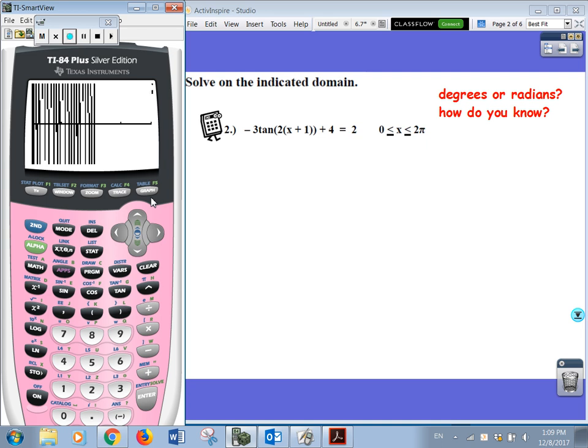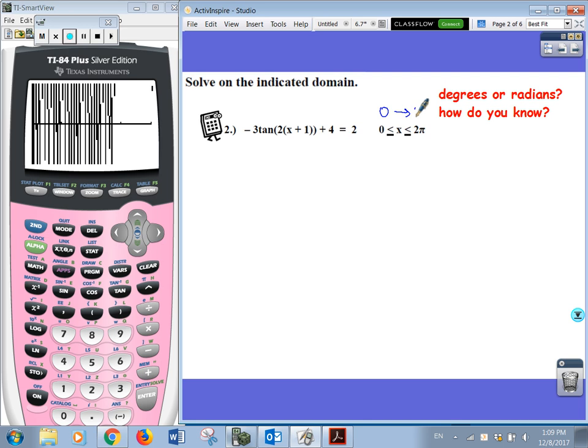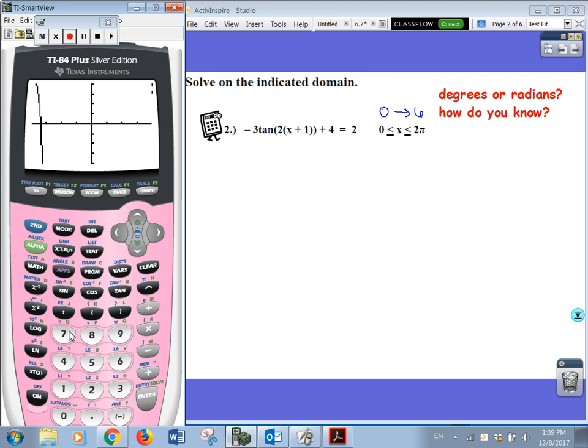So instead of going from 0 to about 6, it's showing you every cycle between 0 and 360. That's why I like to hit zoom 7, because it will adjust your window for degrees or radians.